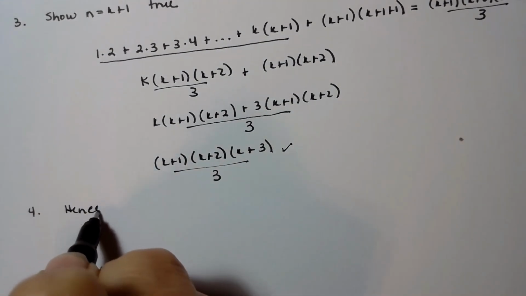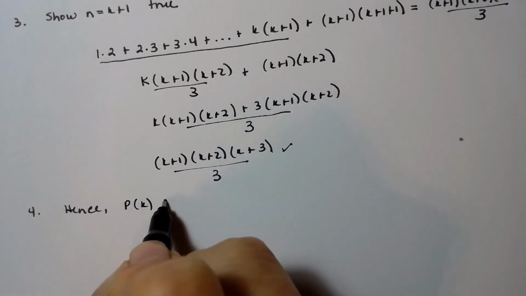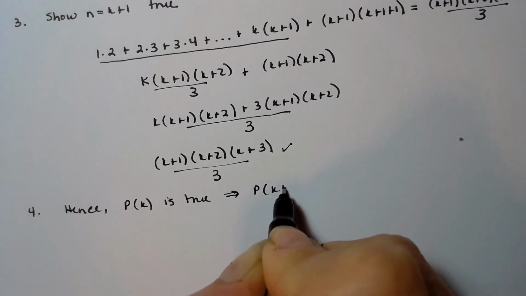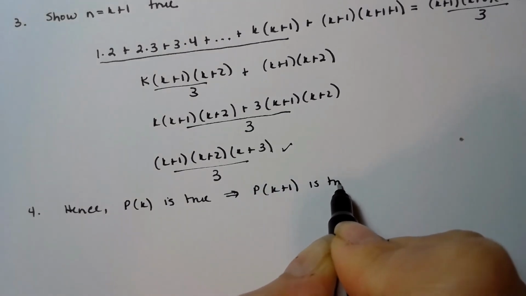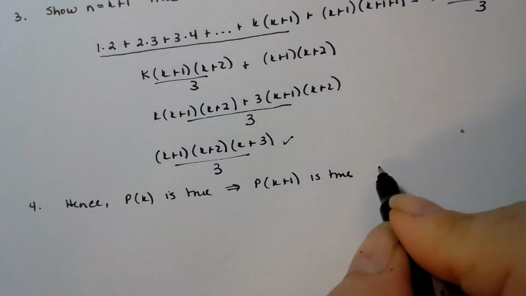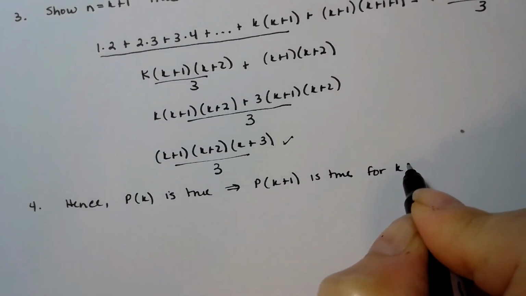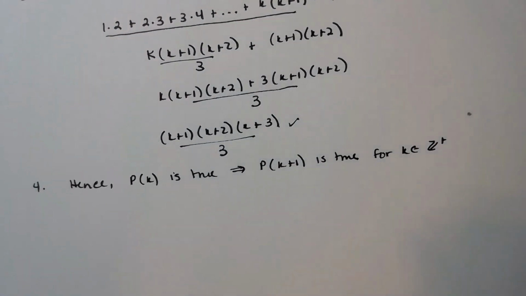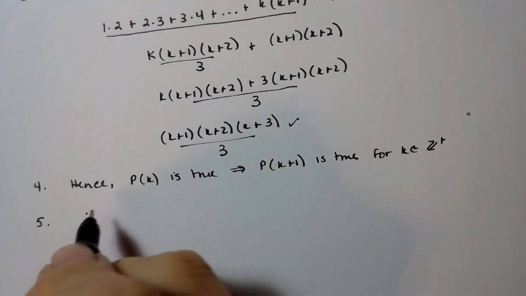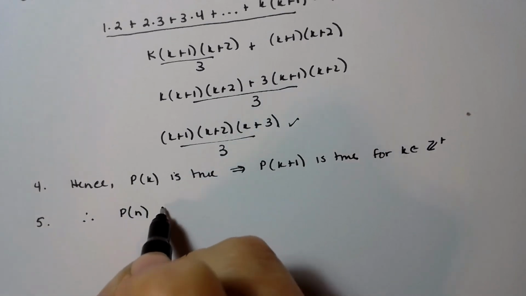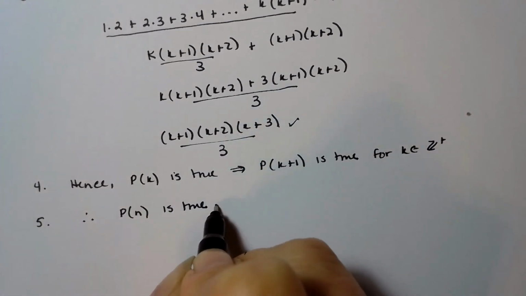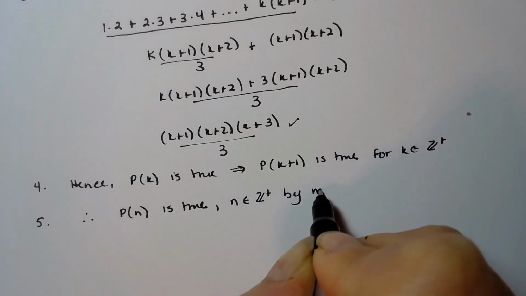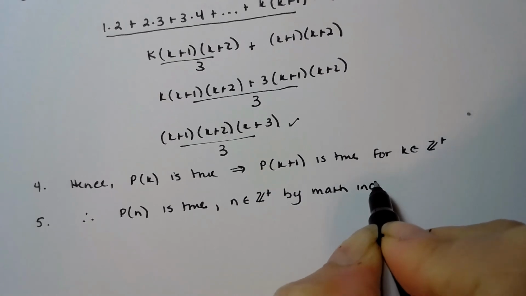Hence, P of k is true implies P of k plus 1 is true. Okay, and you can say, for k an element of the positive integers, I would just follow that. And then 5, therefore P of n is true, n is an element of the positive integers, by math induction.